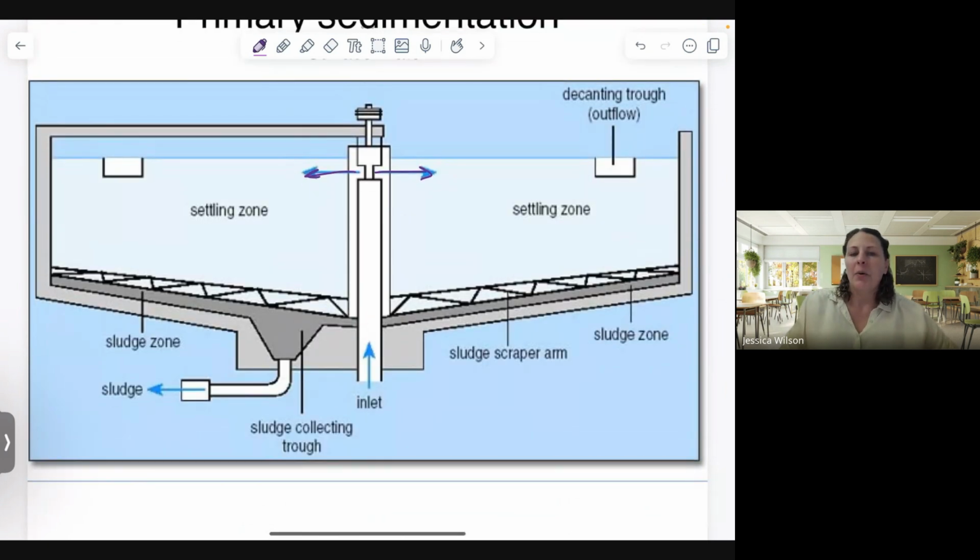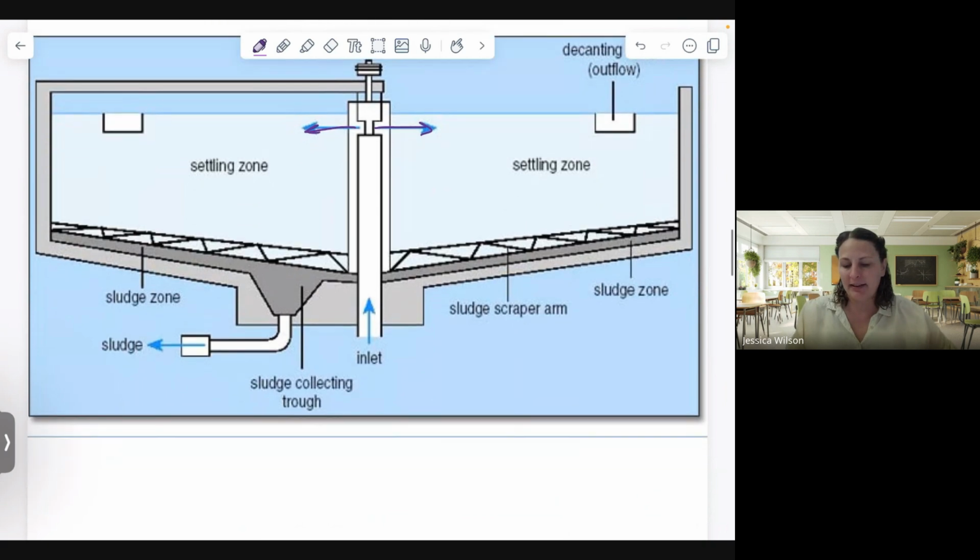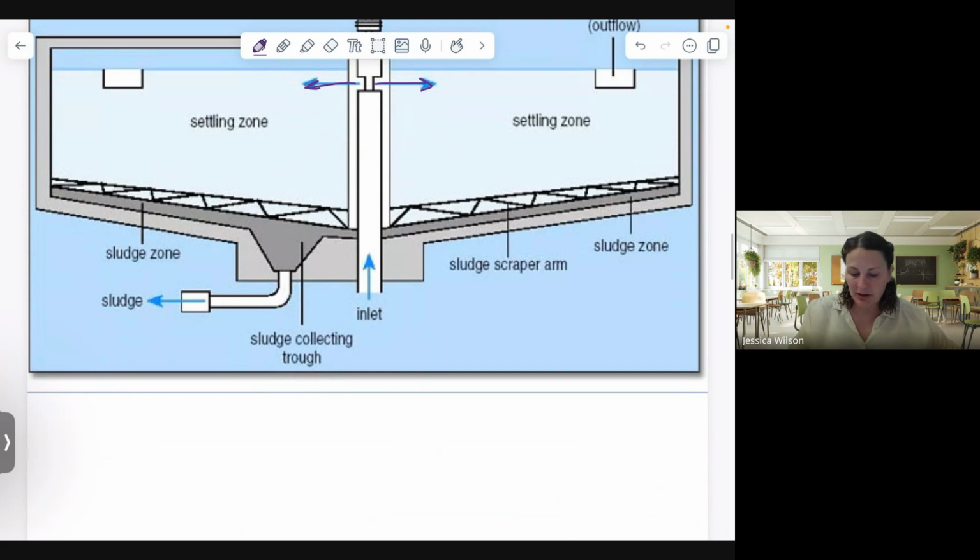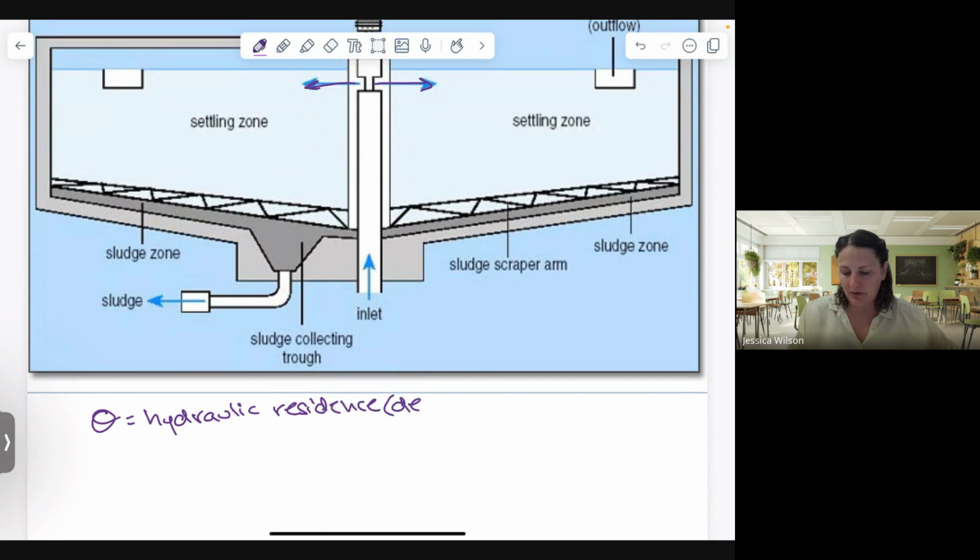Okay, so what's happening in our primary settling tank is that the water is spending some amount of time in the settling tank. Okay, and this is a term that you should recall from the first module. Okay, and that's our theta, and that's our hydraulic detention time. Or sometimes you see it as hydraulic residence time, or I'll just call it detention time.